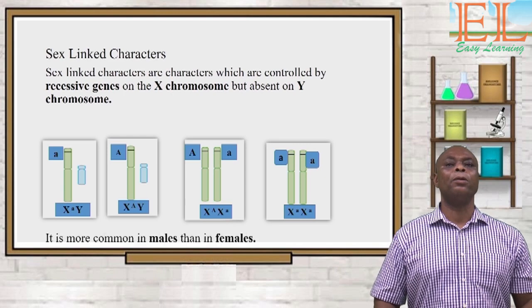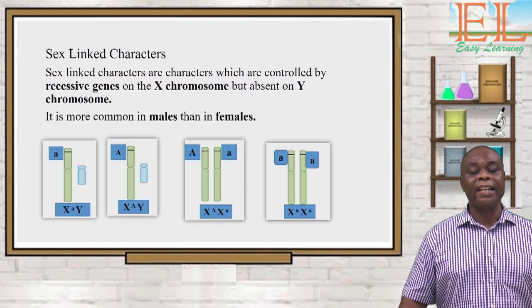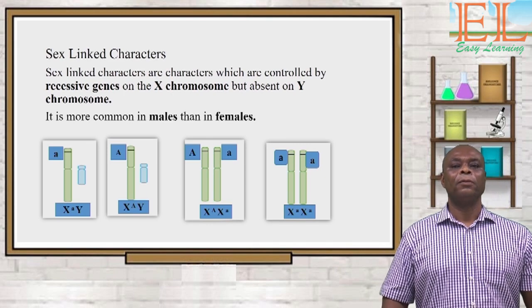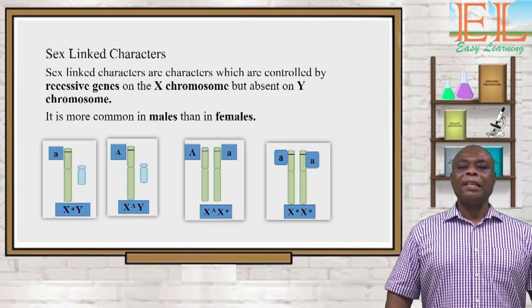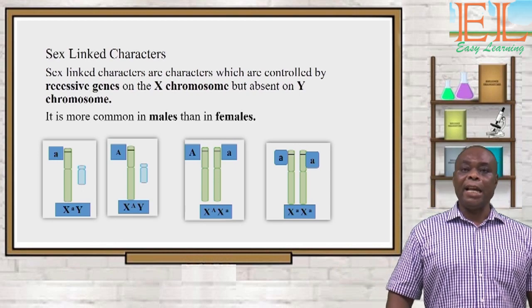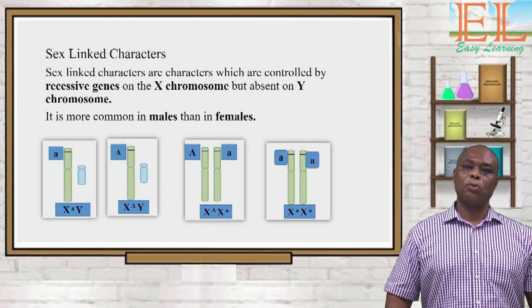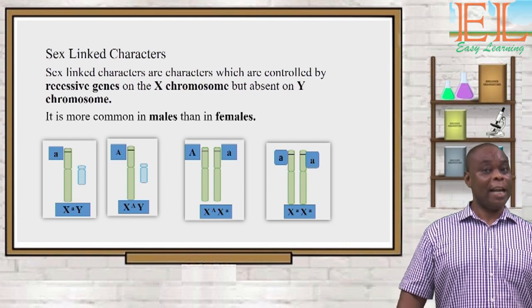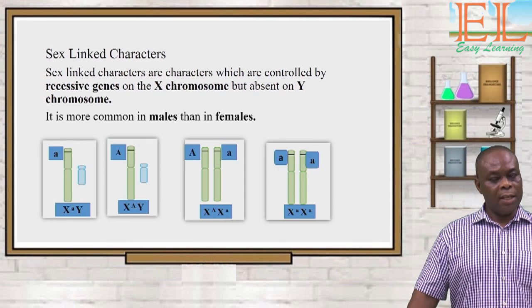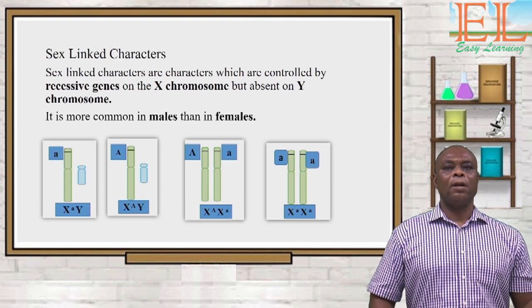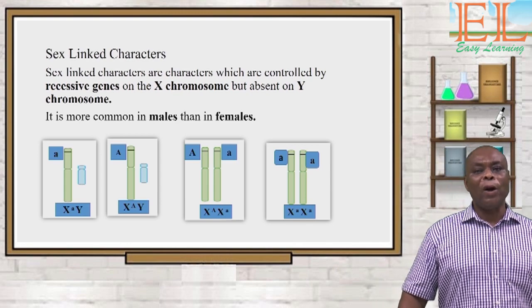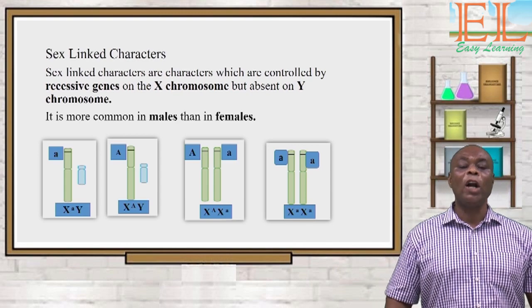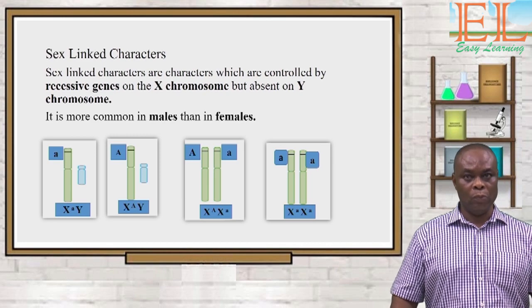So that female will have the sex-linked character. This character is more common in males than in females, so you hardly see females showing them. This is because the males need only one of that recessive gene to show, unlike females that need 2.